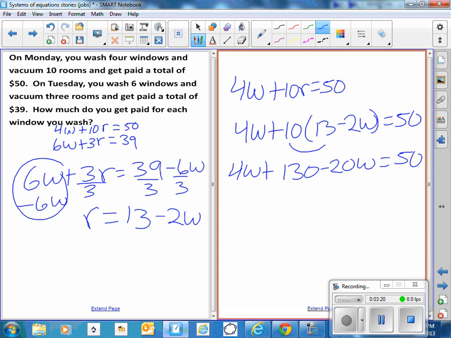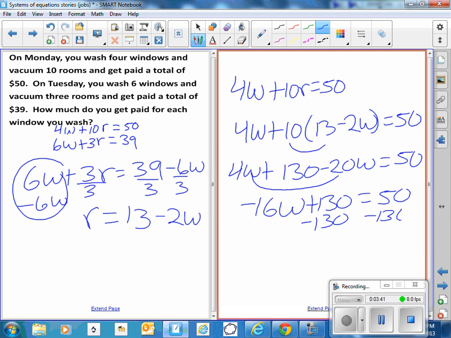Now I'm going to combine like terms. I have 4w minus 20w, which would be negative 16w. And then I have the plus 130 equals 50. And I go ahead and subtract 130 from each side.